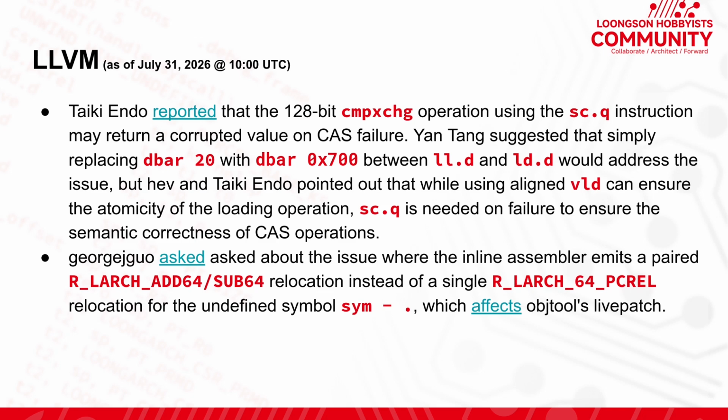George J. Guo asked about the issue where the inline assembler emits a paired R_LARCH_ADD64 relocation instead of a single R_LARCH_64_PCREL relocation for the undefined symbol SYM-dot, which affects object tools live patch functionalities.